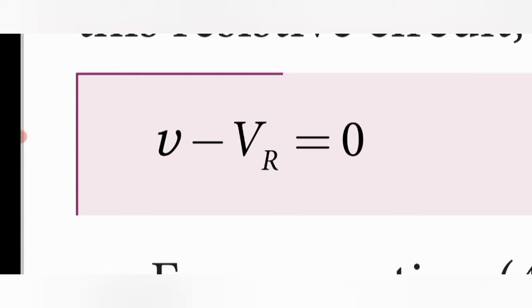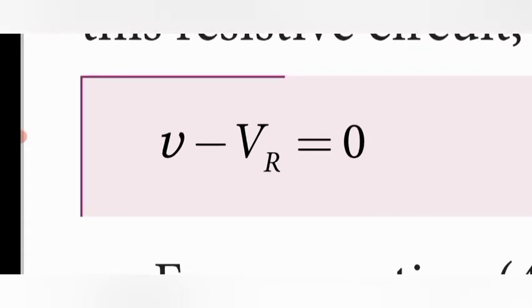The algebraic sum of all the potentials in the circuit is 0. Here there are two potentials: one is the alternating voltage we apply, and the other is the voltage produced by the flowing current, that is VR.